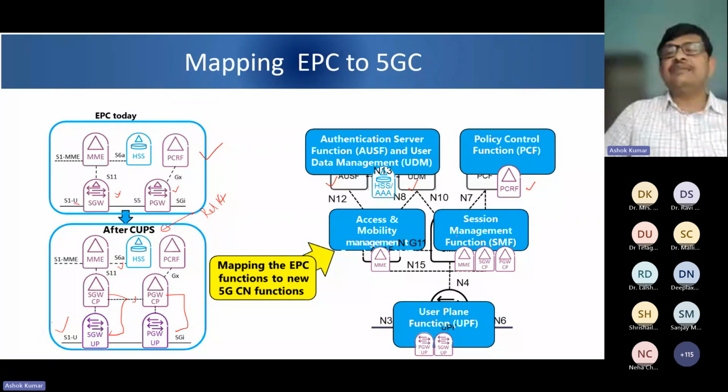Similarly, the session management function, SMF of 5G, has taken over some functions of MME, some functions of SGW, the CP part of SGW and PGW. And the access and mobility function, AMF of 5G, has taken over some functions of MME. On the user plane part, there is the UPF in the 5G network, and the SGW and PGW user plane parts in the 4G network. So this is the kind of mapping we can understand.